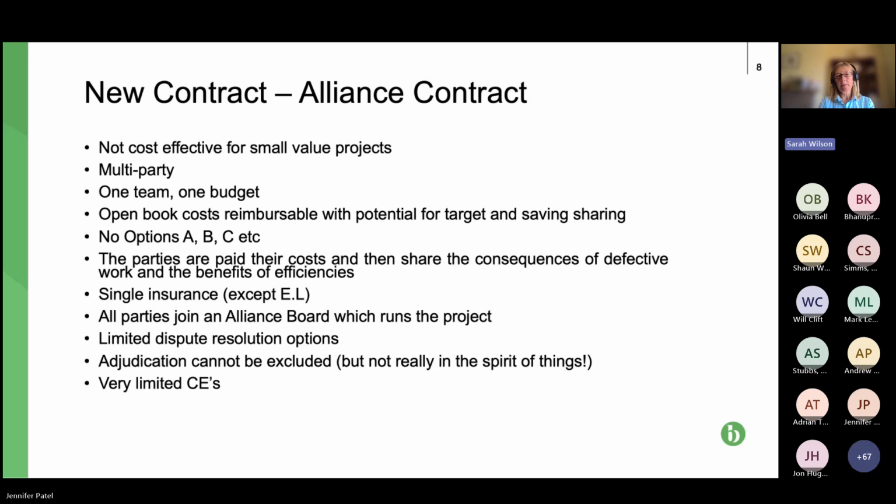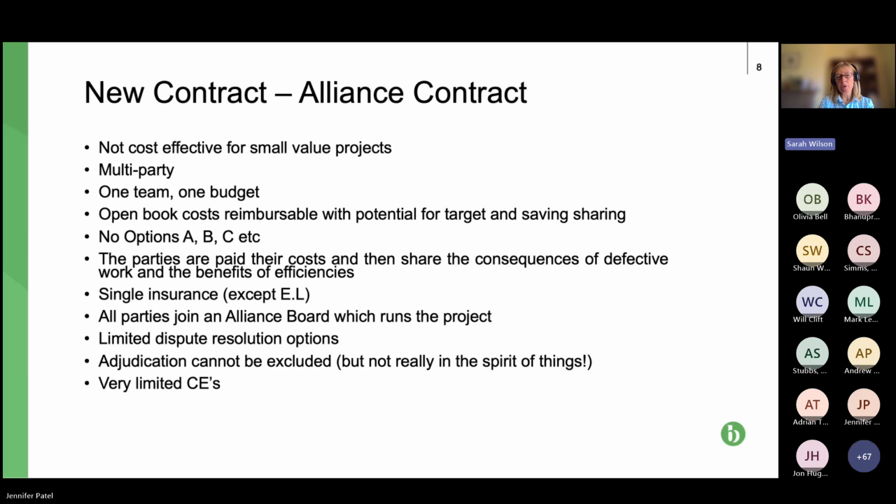But basically, the alliance contract is one where you have one contract. It's signed by all the key parties. So obviously the client, the key consultants, the key contractor, and the key subcontractors, probably some of the key suppliers. You have one budget, very little opportunity for compensation events and extras, a single insurance policy, so a really different type of contract to what we have now generally.